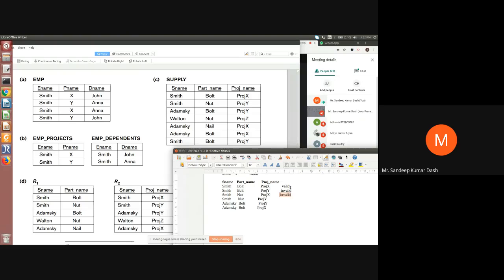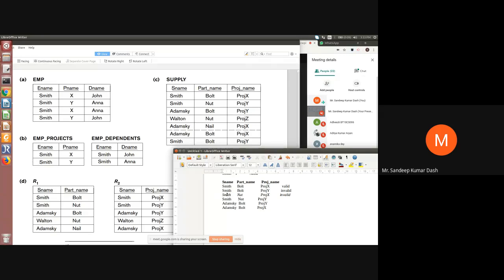Okay, that means whenever you combine the divided relation back so that you get the original relation R, you are not getting it exactly. You are getting some additional tuples. These tuples are called spurious tuples or invalid or wrong data. Project X and knot are never combined. Knot is combined with project Y when it is with Smith, but here knot is combined with project X. This type of rows will come whenever you try to join back the divided relation into the original relation.